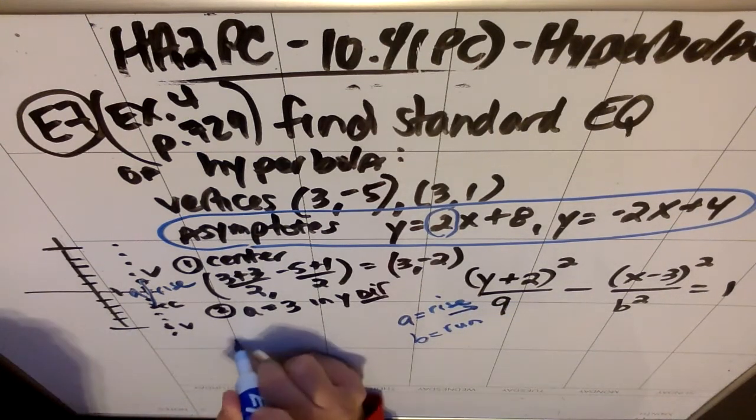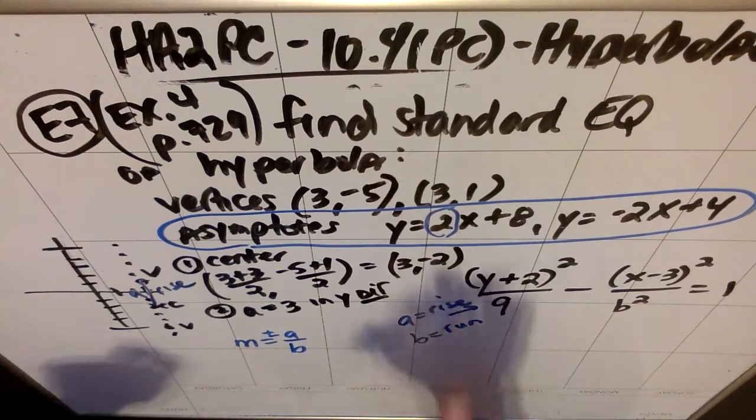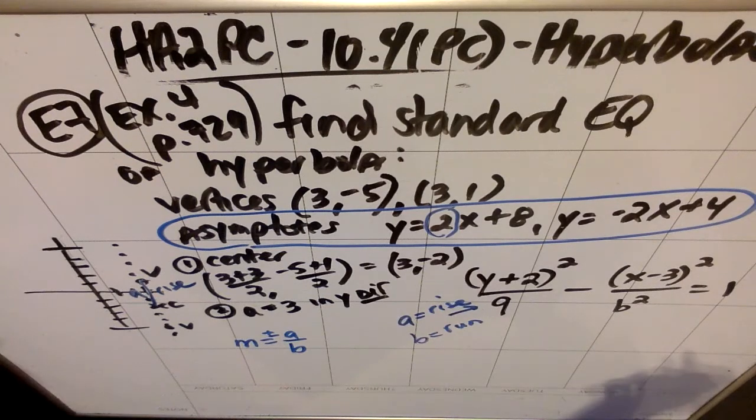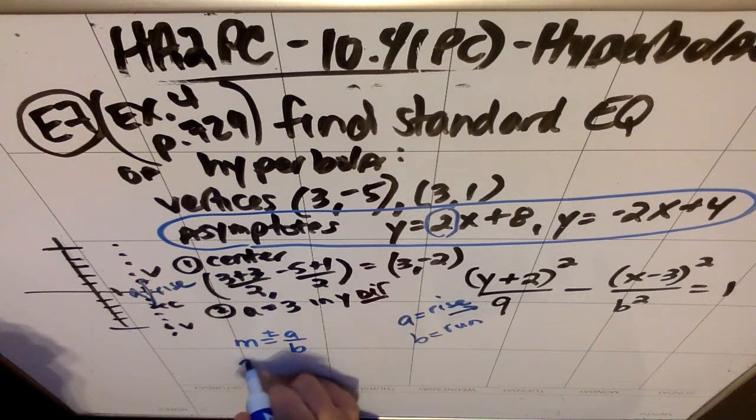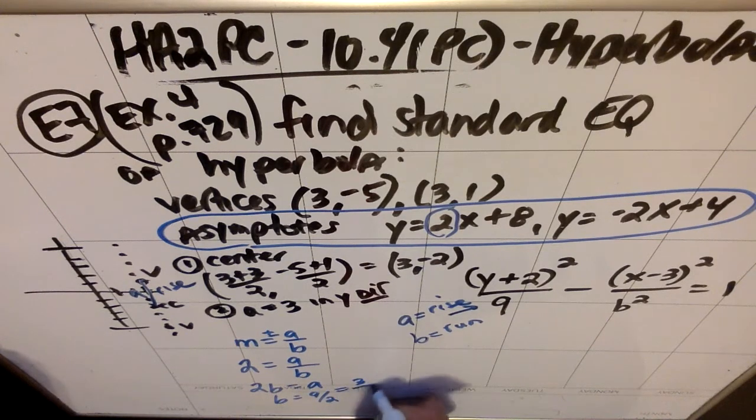So my slope should be plus or minus a over b. Knowing the slope is a 2 or a -2, that tells me that 2 has to be a on top of b. So 2b has to be my a, meaning that b has to be a divided by 2. So my b is 3/2.